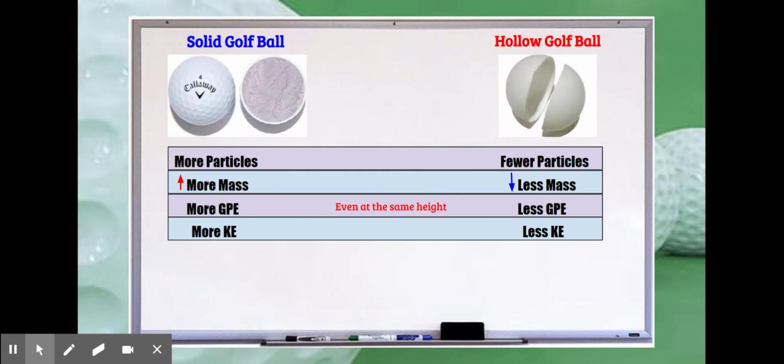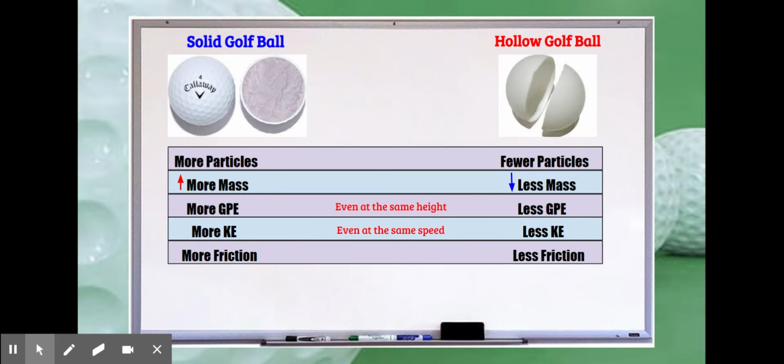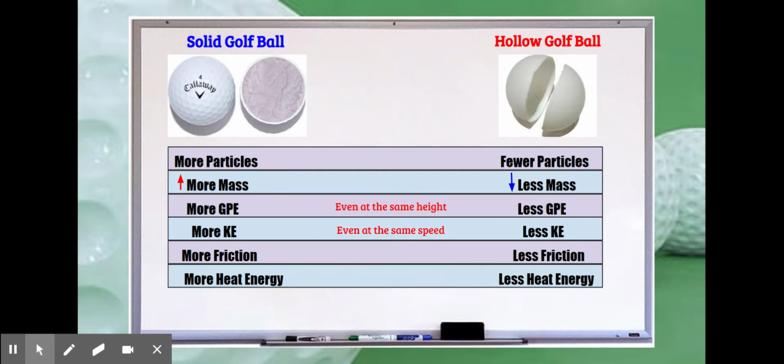Because it has more GPE, the solid golf ball is going to have more kinetic energy, even if they're going the same speed. So two objects at the same speed, the one that's more massive is going to have more kinetic energy, which also means that the solid golf ball is going to create more friction because it has more mass, which in turn is going to transform into more heat energy within that table.